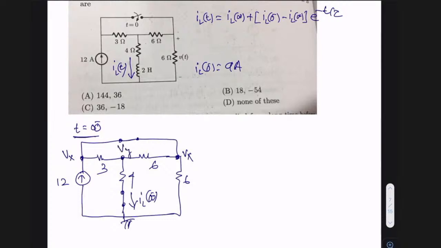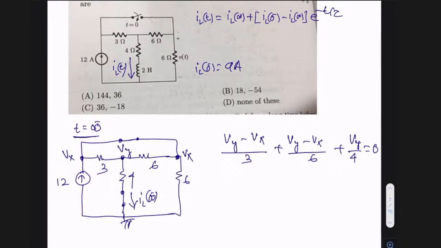If I write the nodal equation at node Y, what do you get? (Vy minus Vx) divided by 3, plus (Vy minus Vx) divided by 6, plus Vy divided by 4 equals 0. This is the equation.